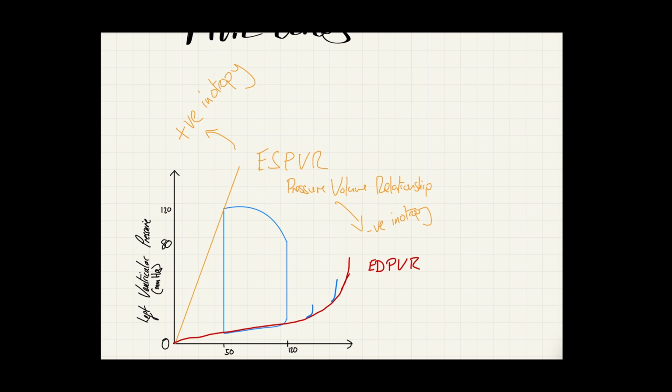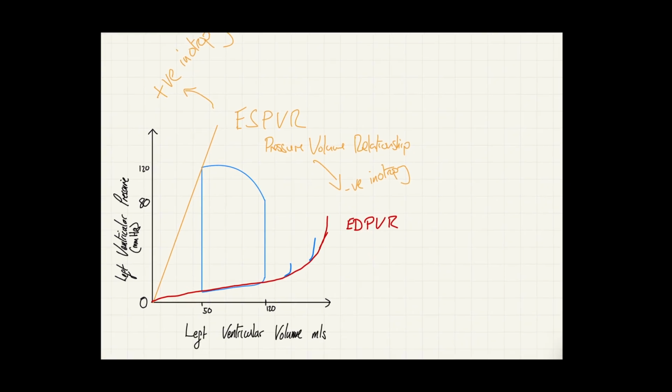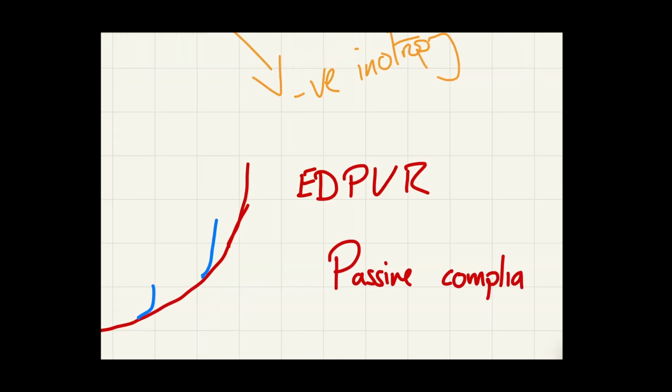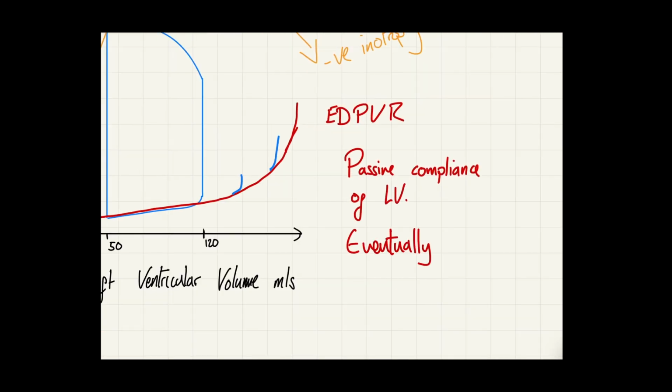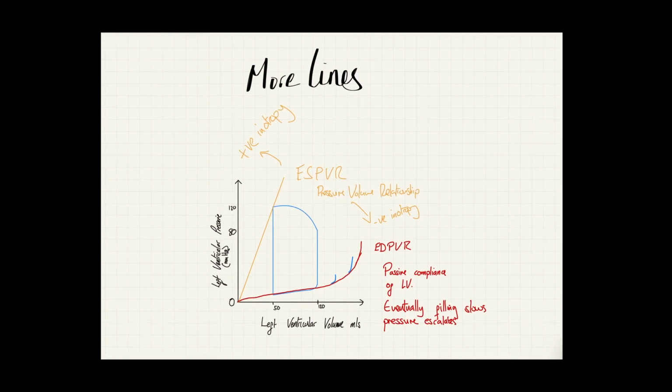Two more important lines with which to talk about. So this is the passive compliance. So eventually filling slows, pressure escalates, and those are more lines.